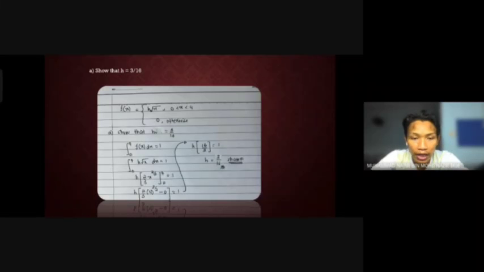By solving the next step, we get h equals 3 over 16, because h times 16 over 3 equals 1. So the answer is shown, and it answers question A. That is my answer for question A.